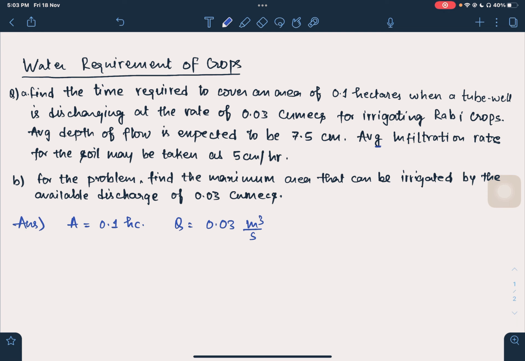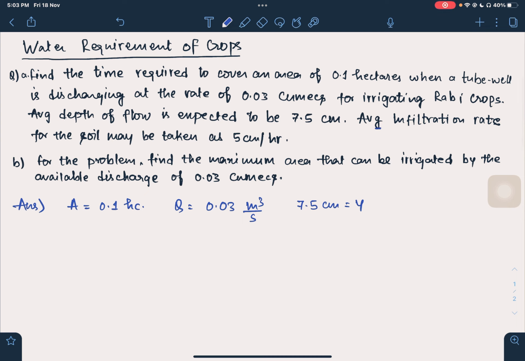And the average depth of flow is 7.5 centimeters, that is Y. And the last one is average infiltration rate. Now, average infiltration rate can be defined as the speed or velocity at which the water enters into the soil. That is I, as 5 centimeter per hour.